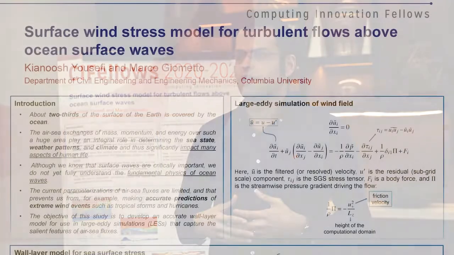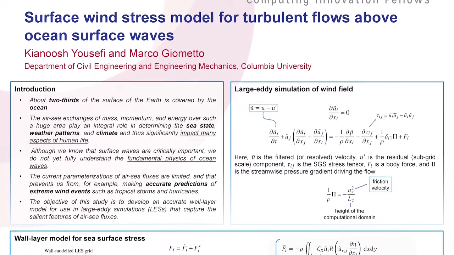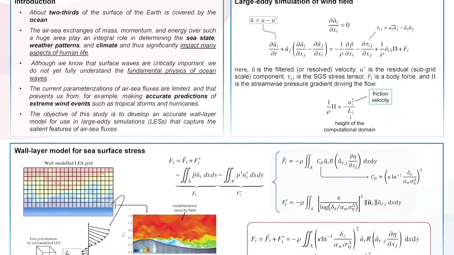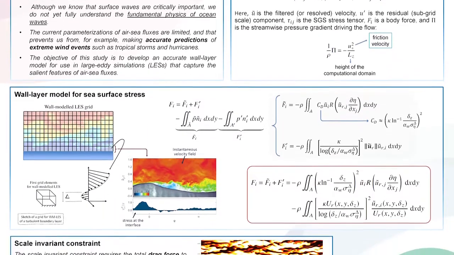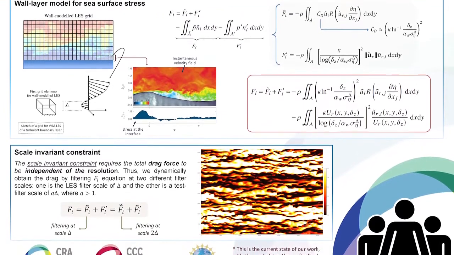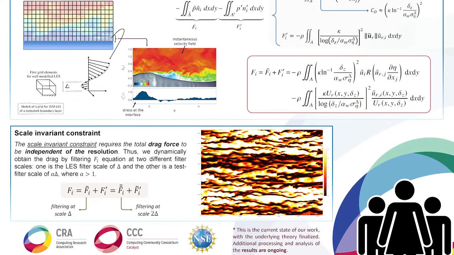So my work in general is focused on turbulent flows and how ocean waves are impacting these turbulent flows above and below the ocean, and the surface waves and the corresponding generation of turbulence, bubbles, airflow separation, breaking waves, and spray.